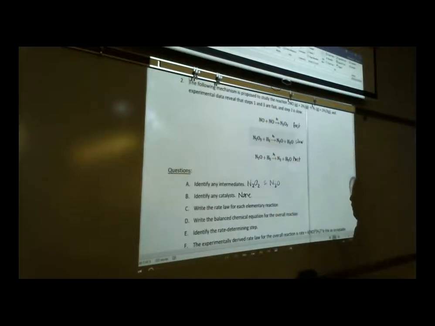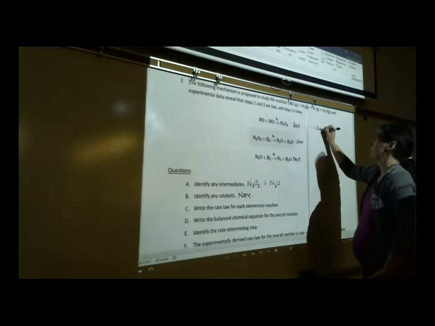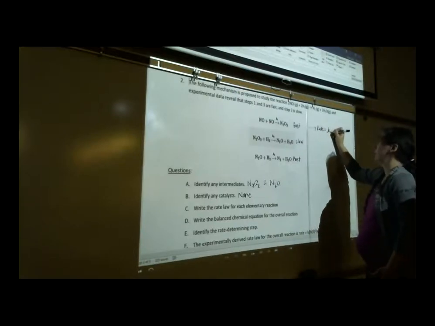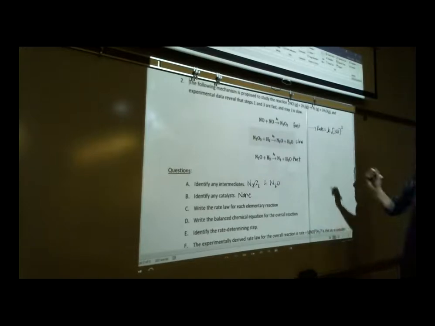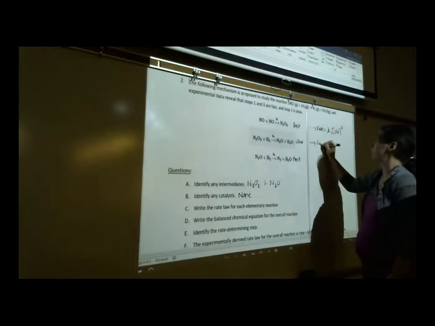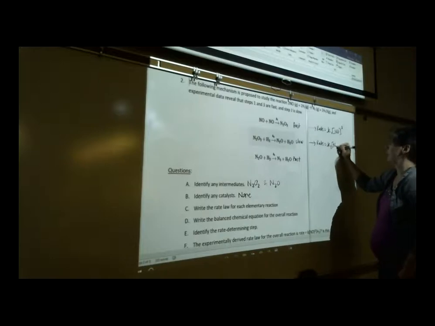Okay, let's write the rate law for each elementary step. Rate equals k1 NO squared. Do we agree? Rate equals k2 N2O2 times H2.